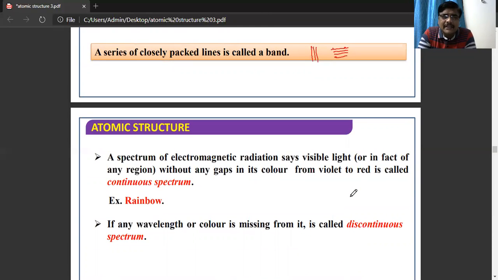Now we have two types of spectrums: one is a continuous spectrum and the other is a discontinuous spectrum.